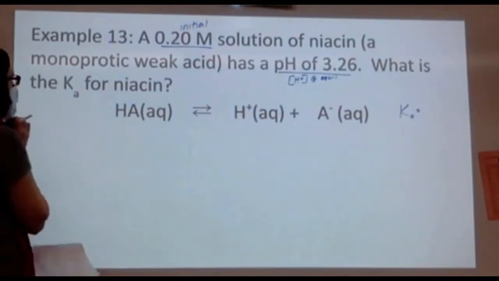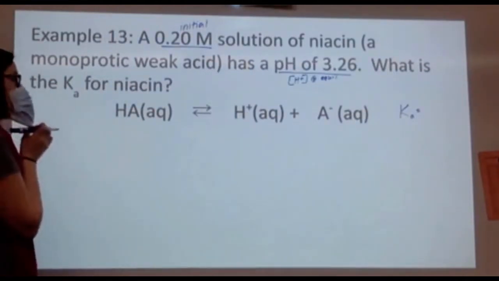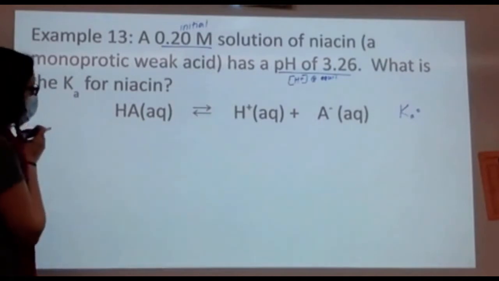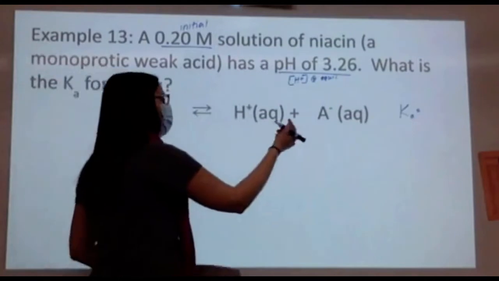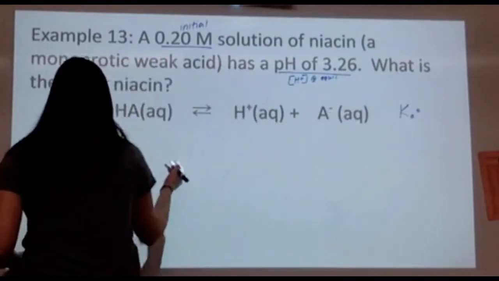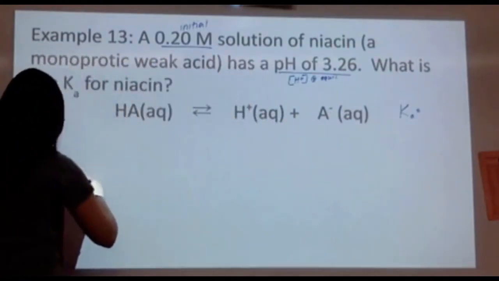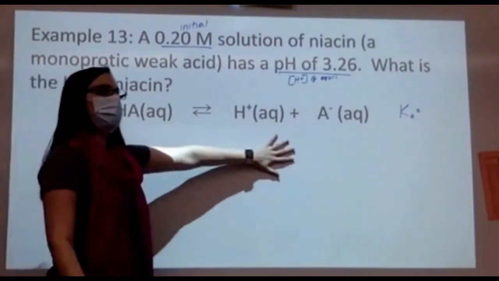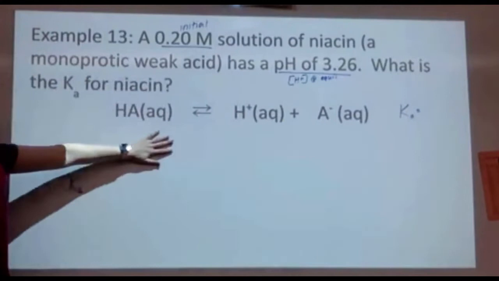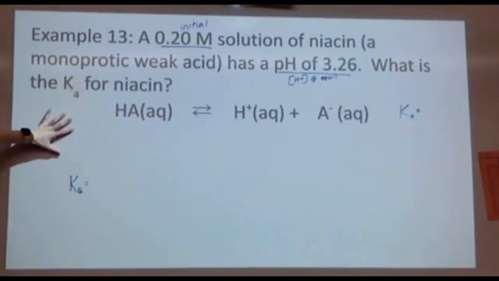Since we're at equilibrium and we don't really have much information, we know that eventually we are going to solve for Ka. I'm going to leave some space right underneath because we're going to write an ice table.